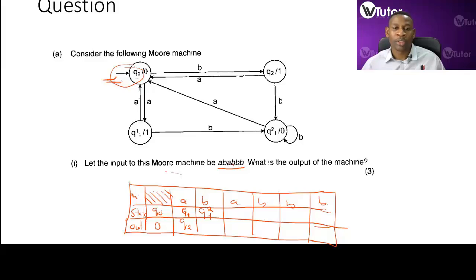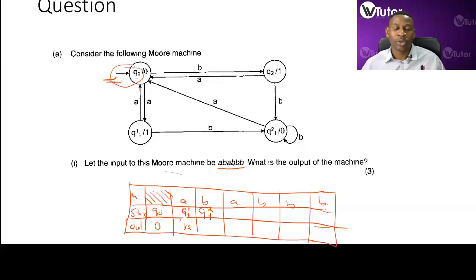If you have an A, you're in Q1. Then B, after an A, you're sitting here with a B, go to Q2.